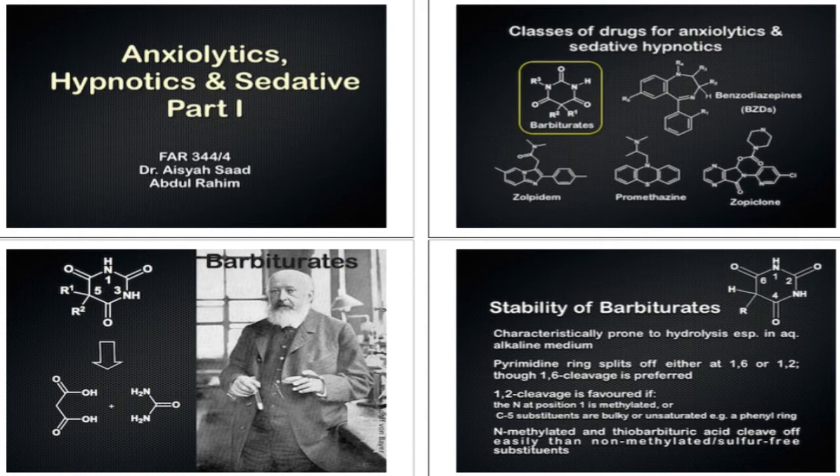The second learning outcome is that at the end of the topic, you should be able to describe, compare and contrast, and discuss the historical developments, the SAR, chemical stability, and metabolic pathways of barbiturates and benzodiazepines.